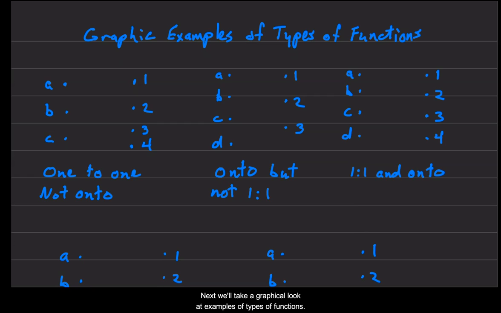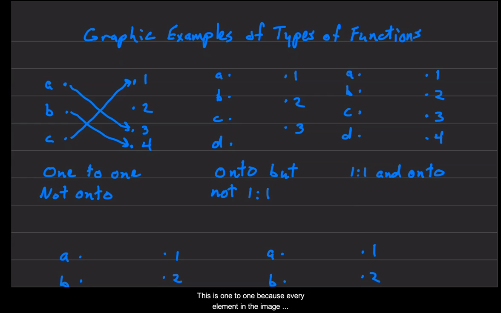Next, we'll take a graphical look at examples of types of functions. The first one we'll look at is the one I already have pre-drawn on the top left side. We'll take element A and map it to 3. Element B maps to 4. Element C maps to 1.